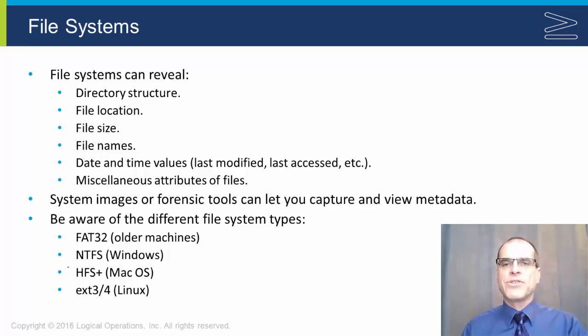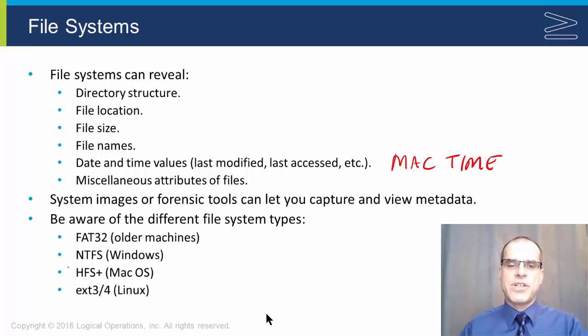The date and time values on the file are very important, and we mentioned this in our earlier session as well. We talked about the MAC times, and we know that MAC stands for the modified, accessed, and created timestamps, and these timestamps will give us clues as to the sequence of events that have occurred on a system.